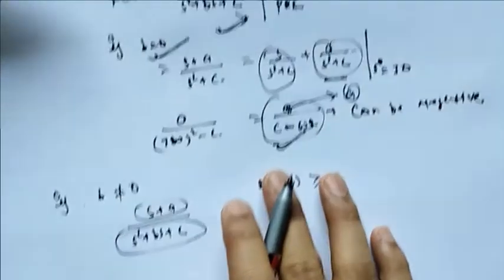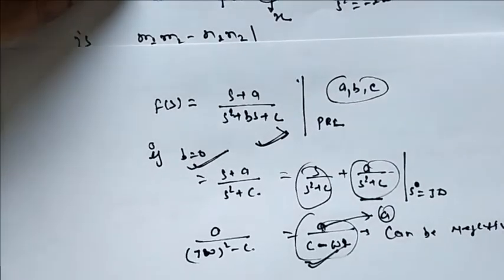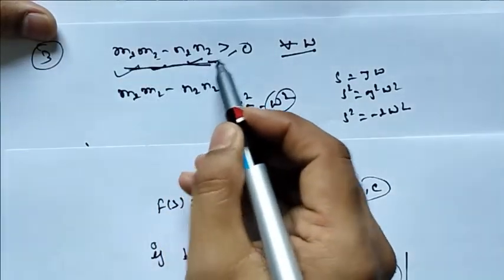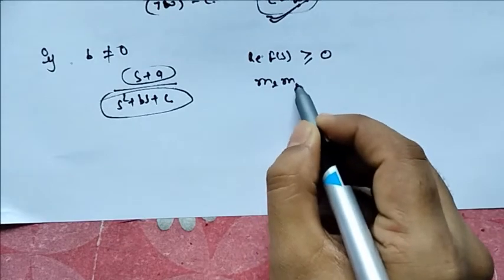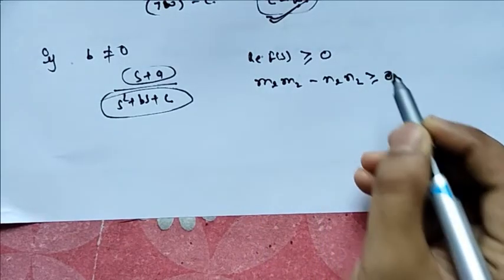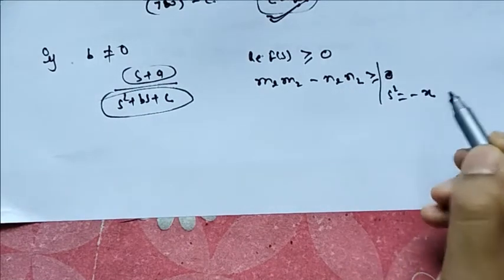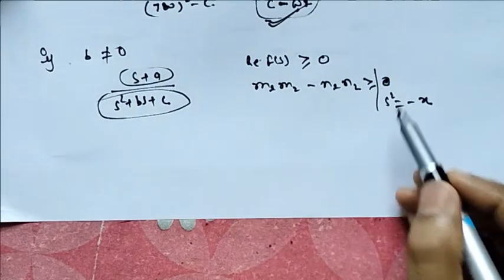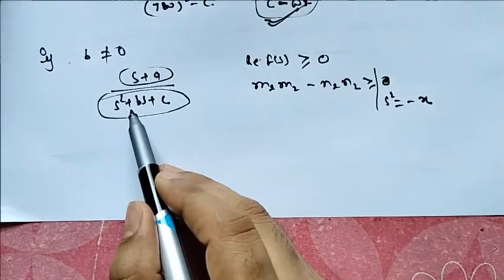Means we need to apply m1 into m2 minus n1 into n2 for this function. Now m1 m2 minus n1 n2 must be greater than 0, subject to the condition that h square is being replaced by minus x. Now what is m1?